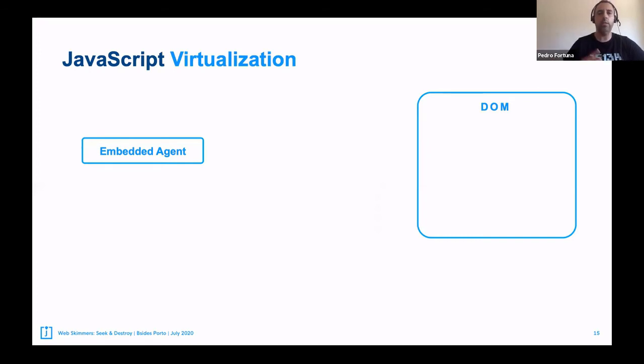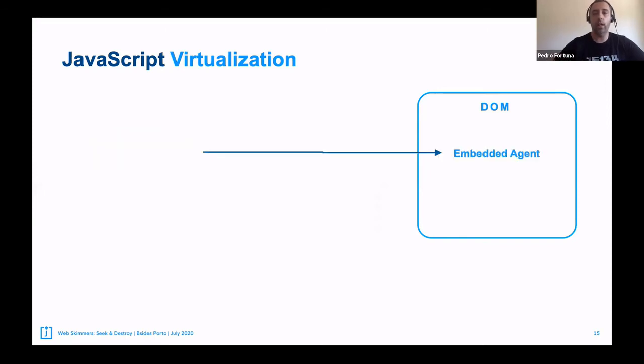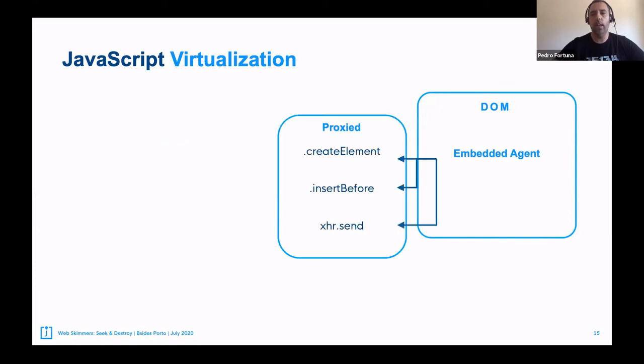And it uses JavaScript virtualization, which works like this. The embedded agent is inserted. Then it proceeds to virtualizing, proxying a lot of DOM methods and web API methods.